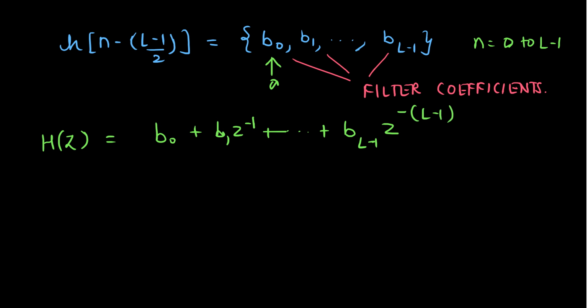This is nothing but the summation of k running from 0 to L minus 1 of bk into z to the power minus k.